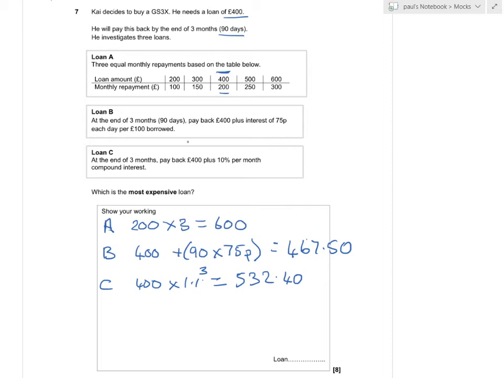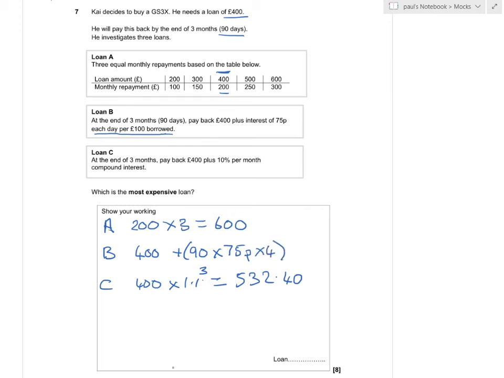Right, let's have a look at this one. I've got the interest wrong, haven't I? At the end of 3 months, pay back £400 plus interest of 75p each day per £100 borrowed. So I've got to multiply that interest by 4, because he's borrowed £400, 4 times 100. Yeah, missed that bit out.